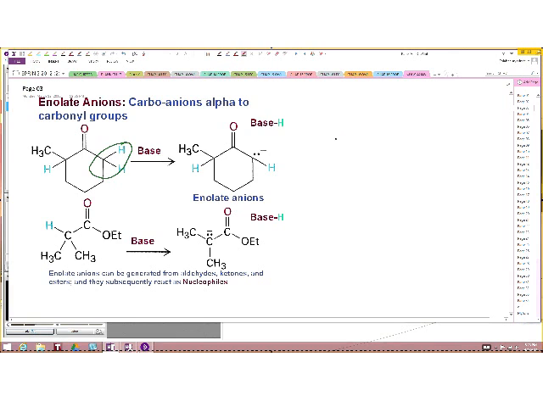Now, if you have this molecule here, I have cyclohexanone. This carbon here we refer to as the alpha carbon.